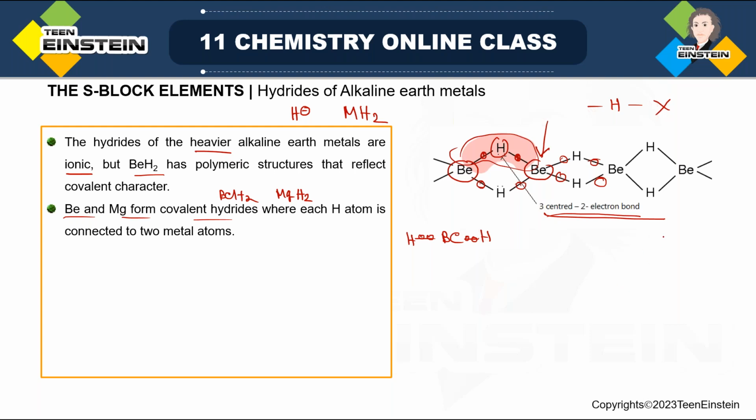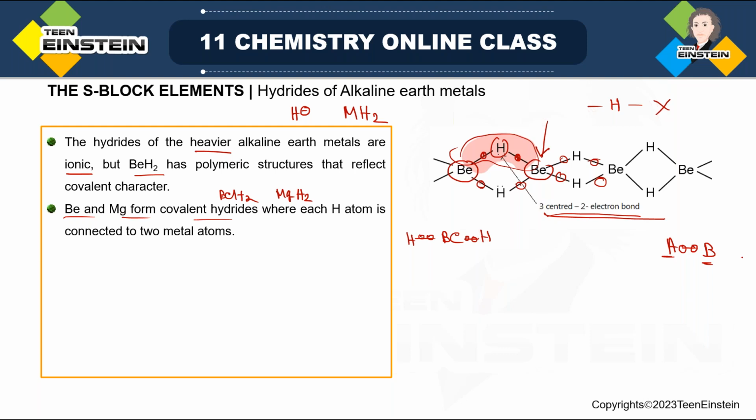Because when we talk about a normal bond, suppose I write a covalent bond between A and B, we know it is 2 center 2 electron, that is the normal case. But sometimes you will see 3 center 2 electron bonds in some other p block elements also, not only this.